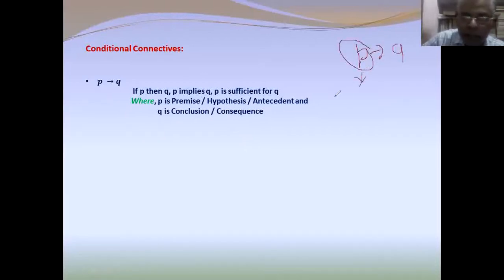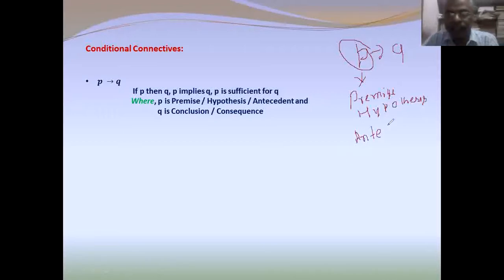In this proposition, P is also known as the premise, hypothesis, or antecedent. There are two different propositions. The left proposition is known as premise, hypothesis, or antecedent, and Q is known as the conclusion or consequent.